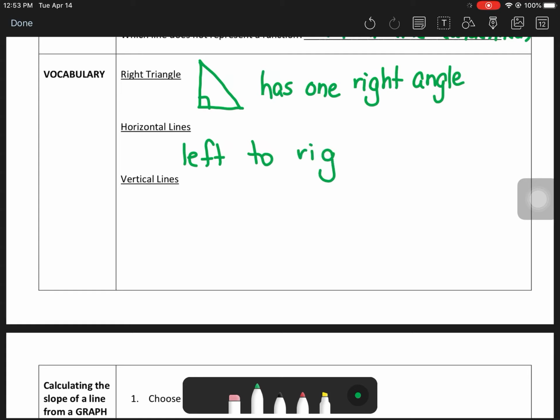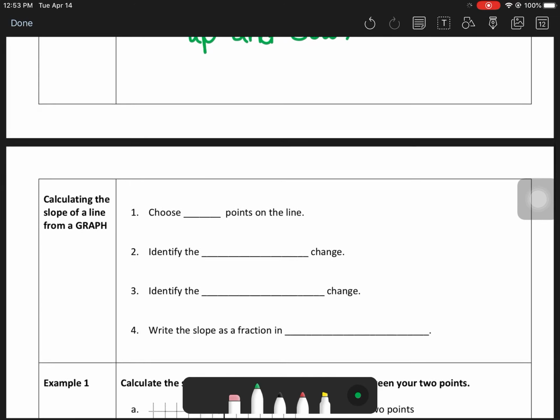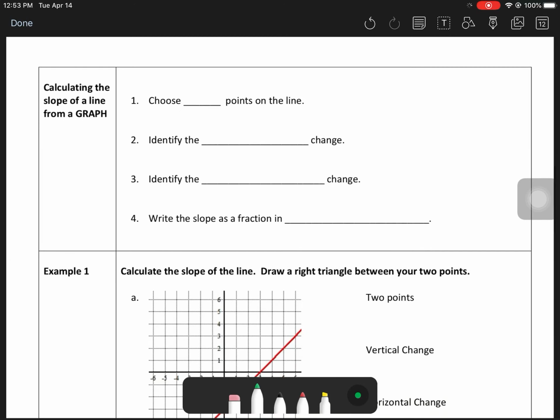And the right angle is also created by a vertical line, which goes up and down. So both the horizontal and vertical lines create the right angle, which then can create a right triangle by connecting those together. We're going to use that to find slope.